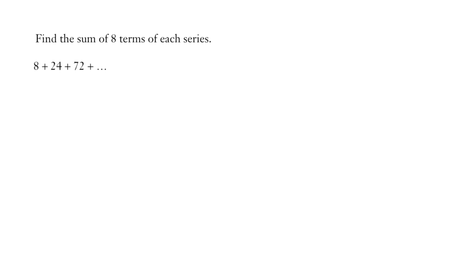So here we have find the sum of 8 terms of each series. So let's write down what we know. Because r is bigger than 1, we know which formula we're going to use.